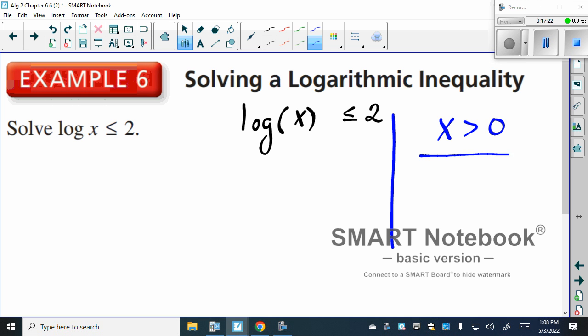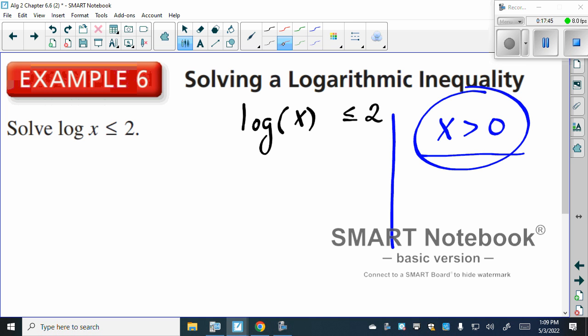Here, it's just x has to be greater than 0. And we need this to be true. Whenever we solve the logarithm, if any values that would make this false are contained in our solution set, we need to exclude them.